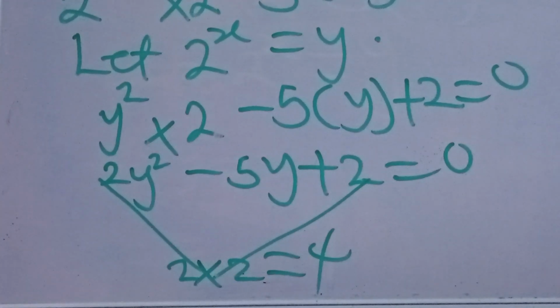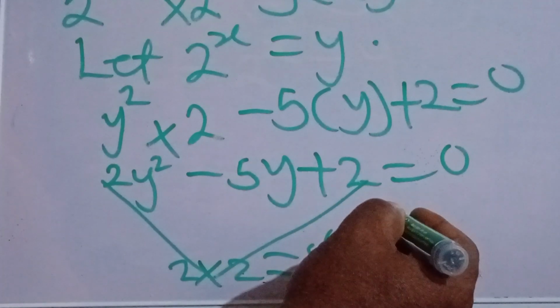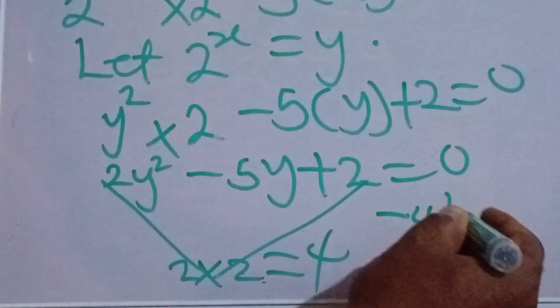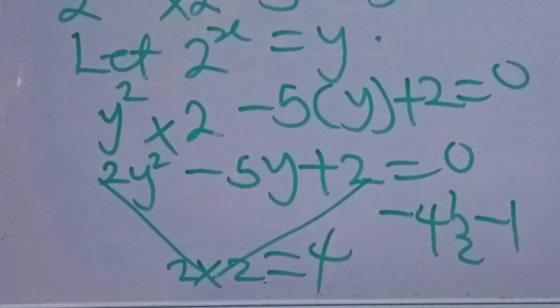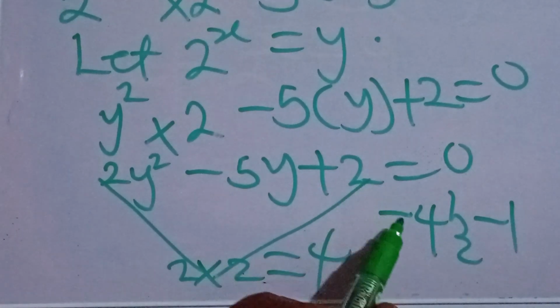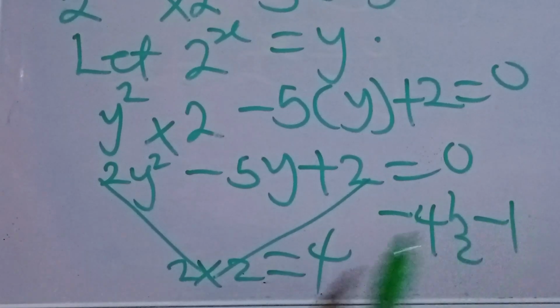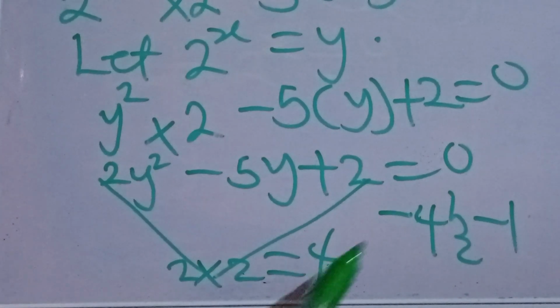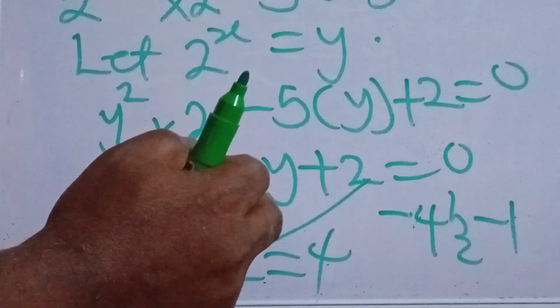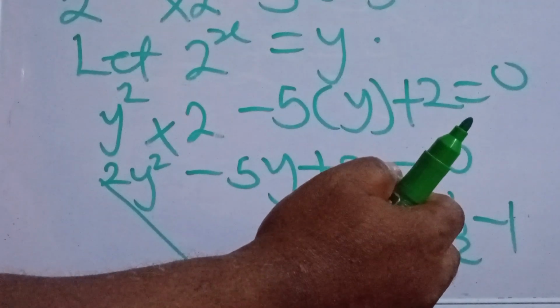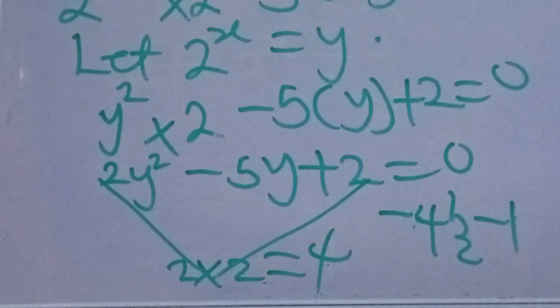The two possible factors are minus 4 and minus 1. We say minus 4 times minus 1 will give us positive 4, and minus 4 plus minus 1 will give us minus 5. That we are going to replace here with minus 4 and minus 1.